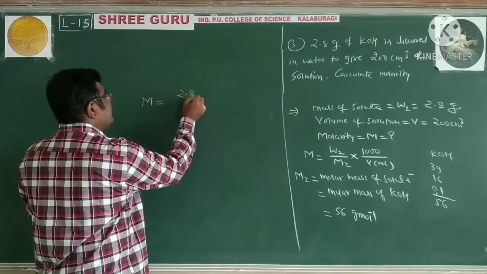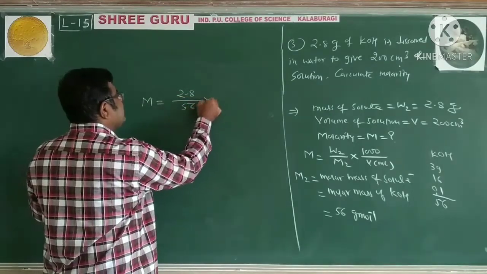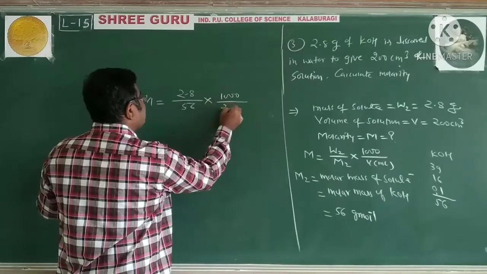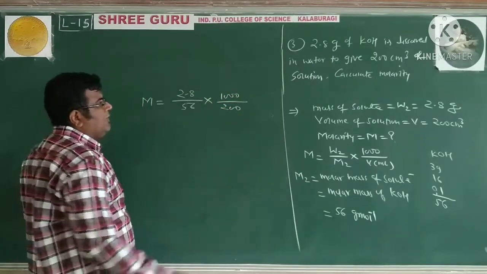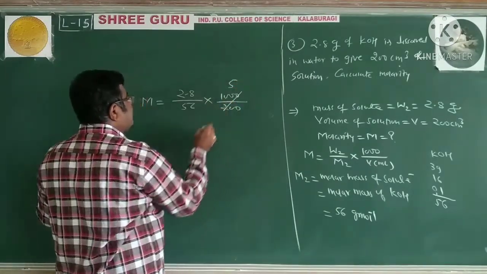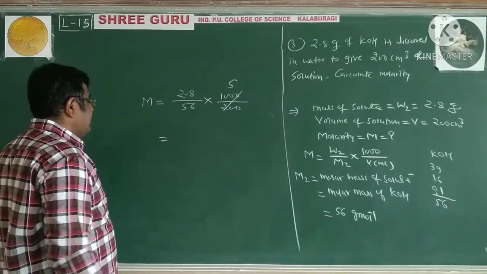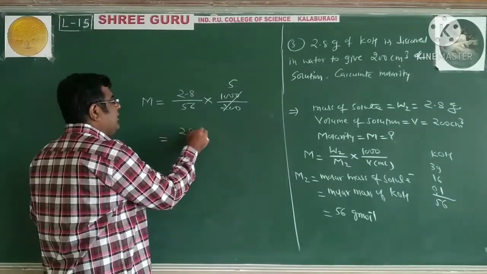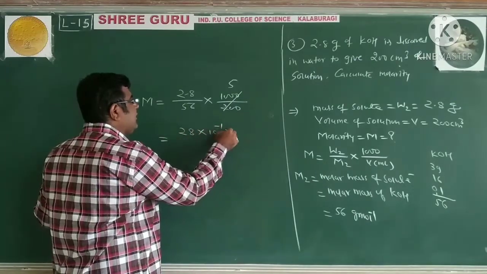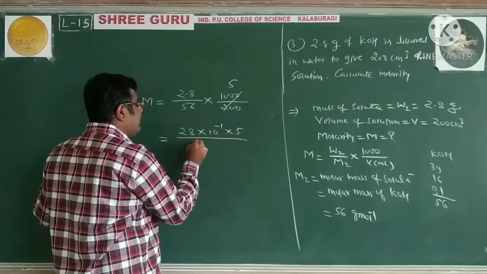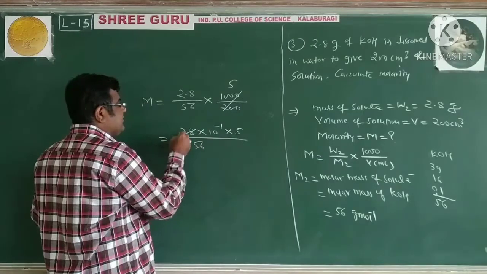2.8 by 56 into 1000 by 200, which is 5. We can make it as 28 into 10 raised to minus 1 by 56 into 5.